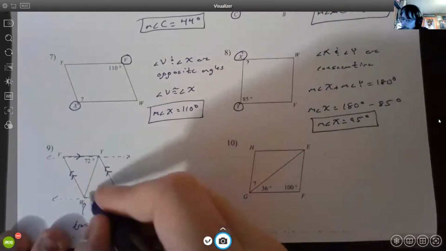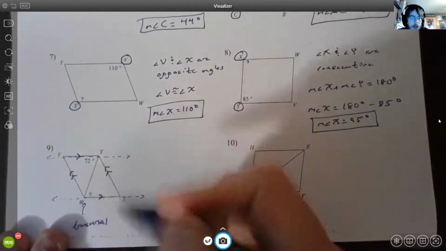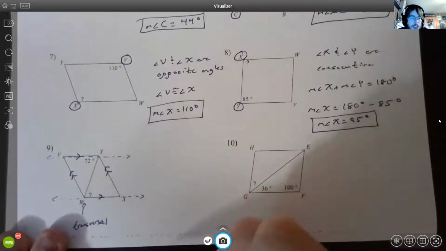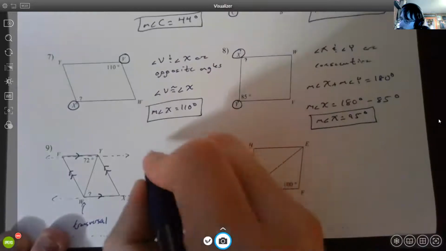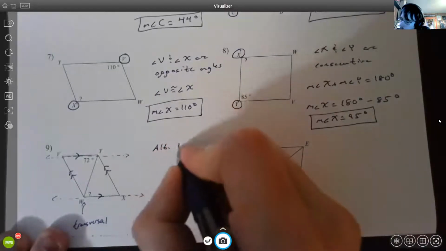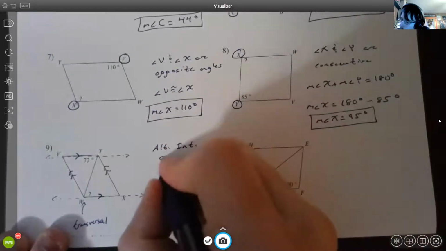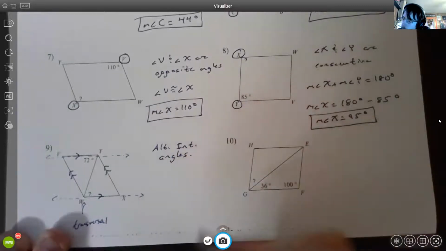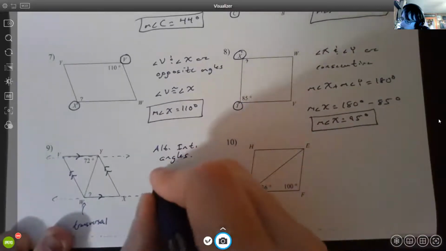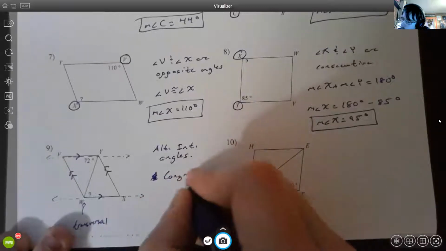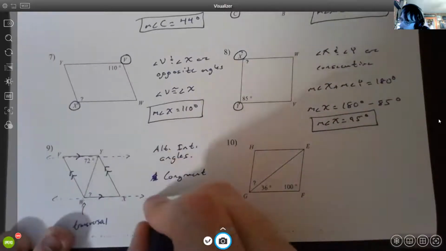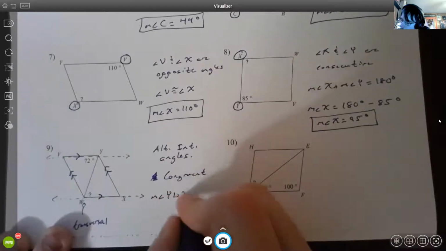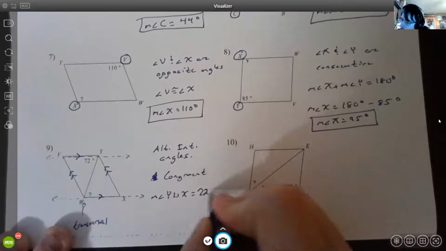So if we look at this angle here and this angle here, they're both on the interior and they're on opposite sides of the transversal. So these are alternate interior angles. And if you remember, alternate interior angles are supposed to be congruent. So that means the measure of YWX must equal 72 degrees.